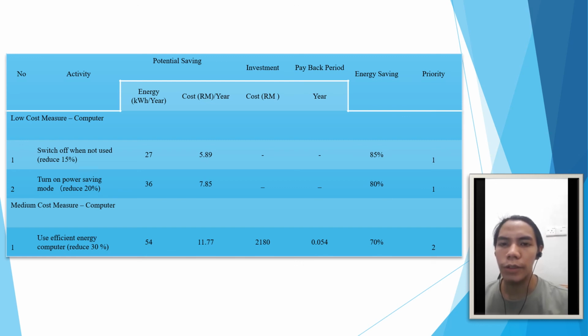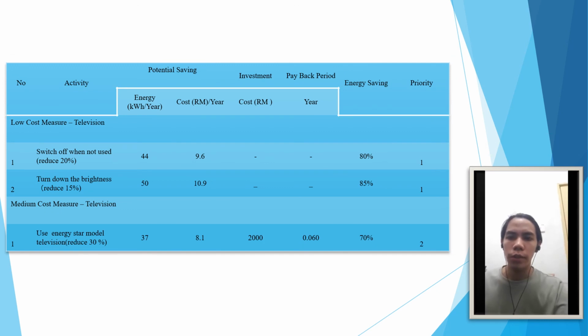It will reduce 30% of energy, that is 55 kilowatt hour and will cost RM 11.77. The cost of investment is RM 2,180. For the low cost measure of the television, the first one is to switch off when not used.